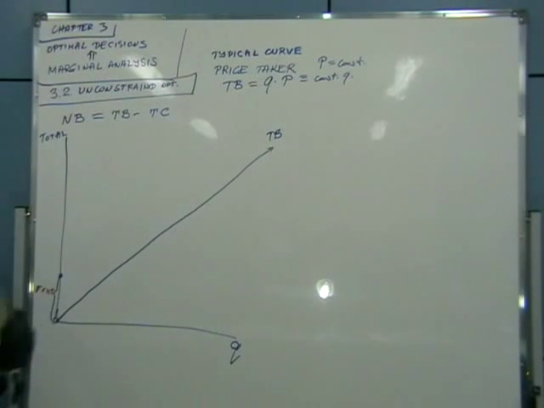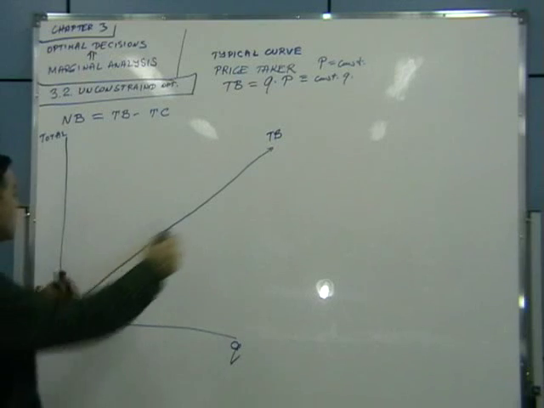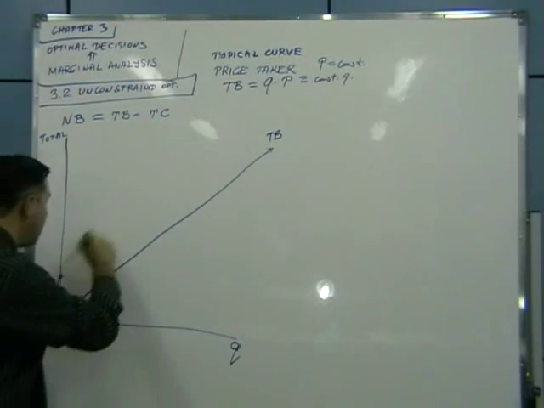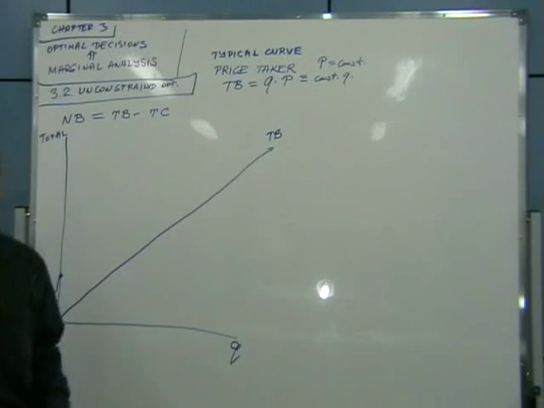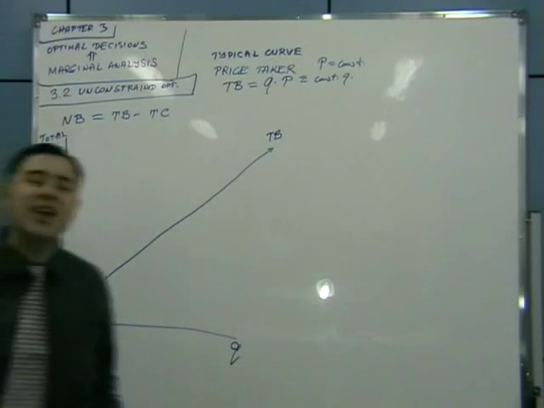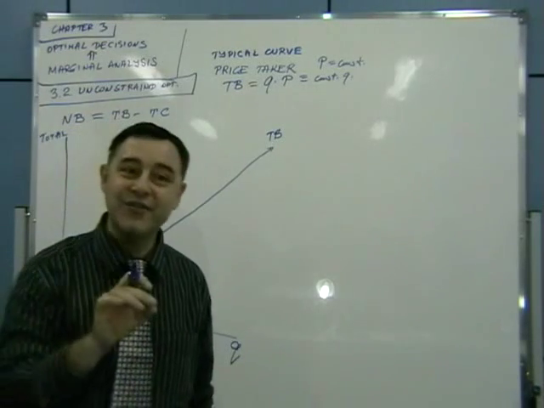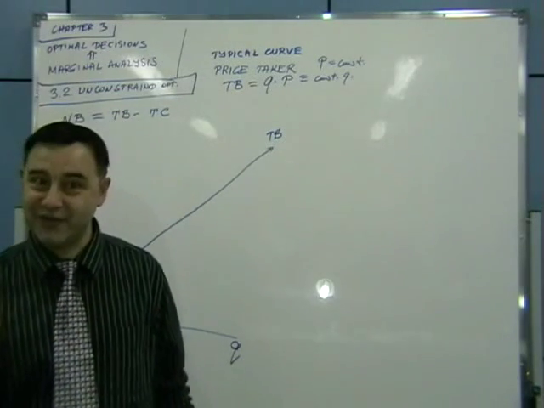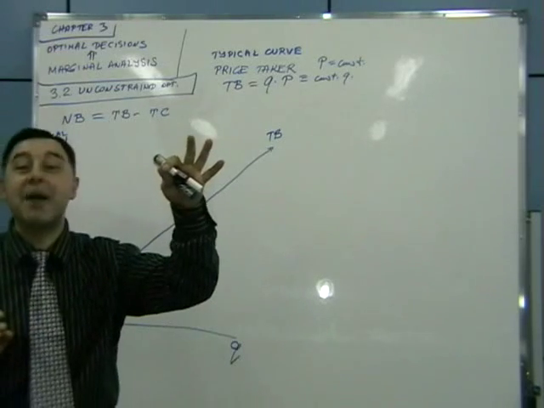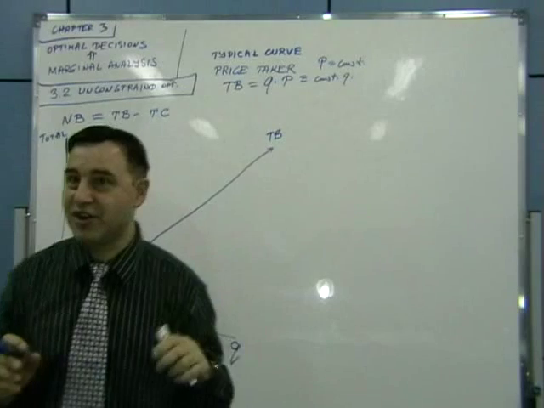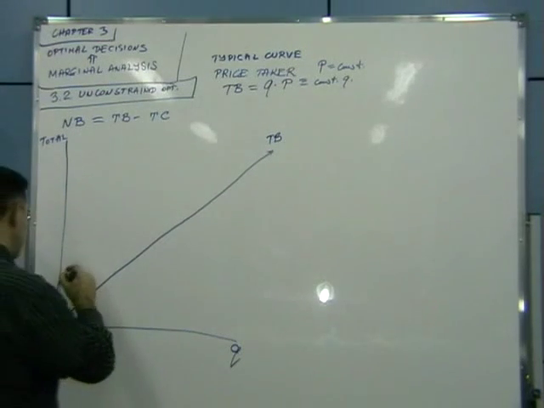I'm drawing the cost, and we can draw it somehow upward, and sometimes we can draw it downward, but it's not really downward. The correct words are convex and concave. The direction is always up, but the question is, what is the curvature? So let's clarify a little bit.